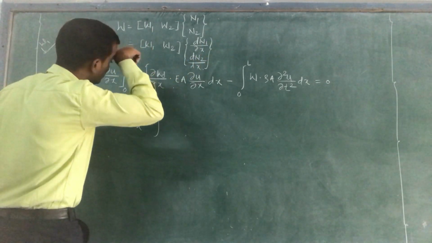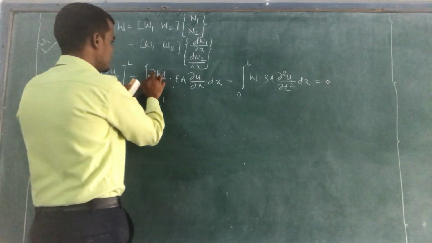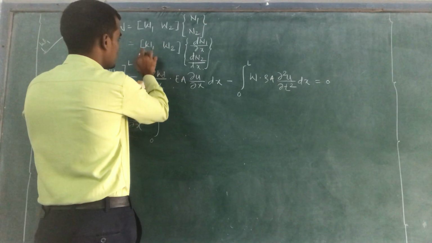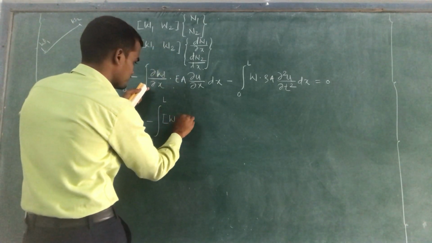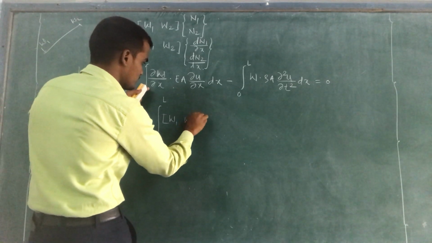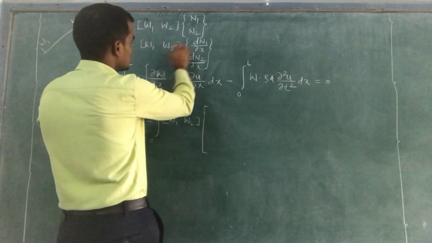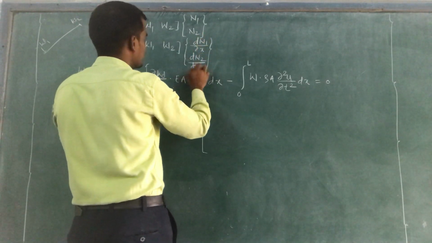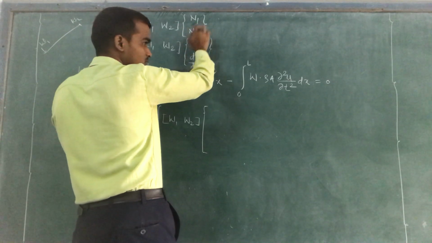Here we will write integration 0 to L. So instead of dw by dx we write [w1 w2] into this vector, which is nothing but [dN1/dx dN2/dx], because w is a function of N1 and N2, and N1 and N2 are functions of x.